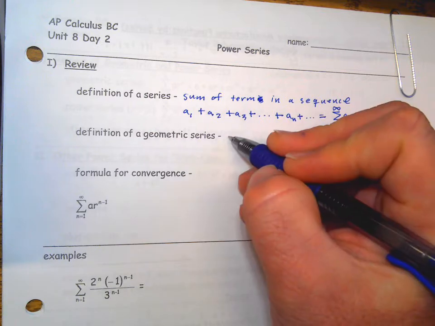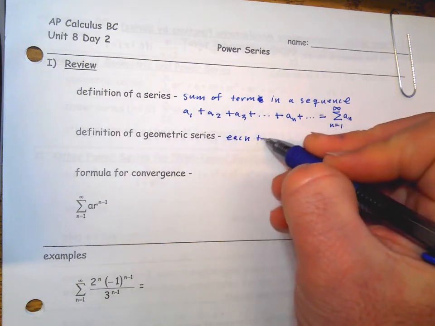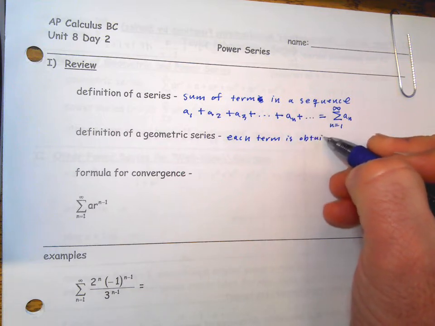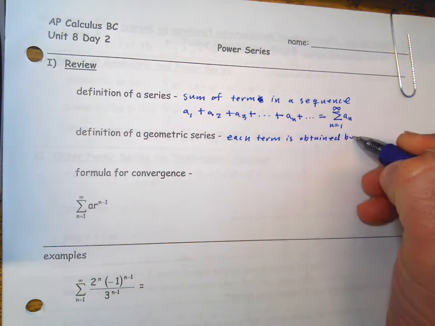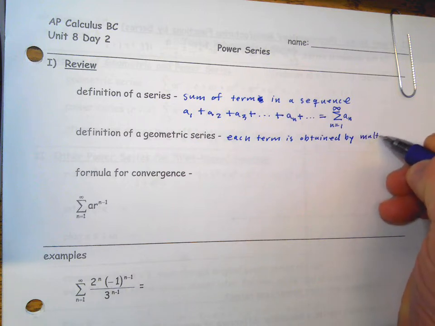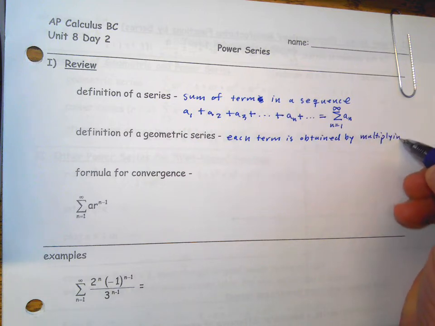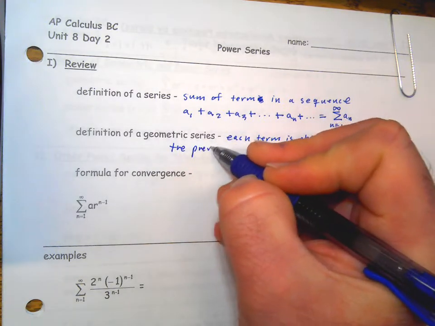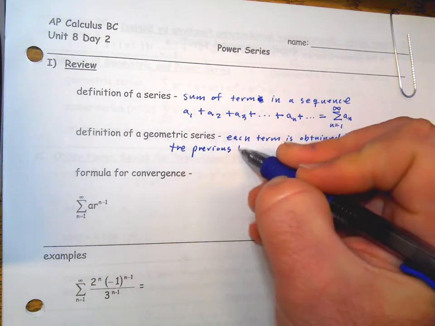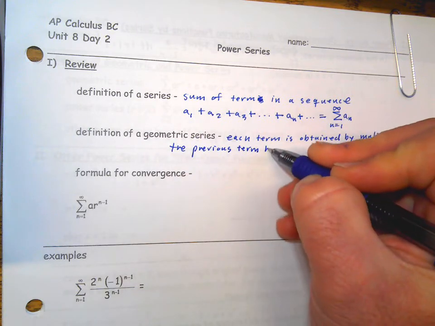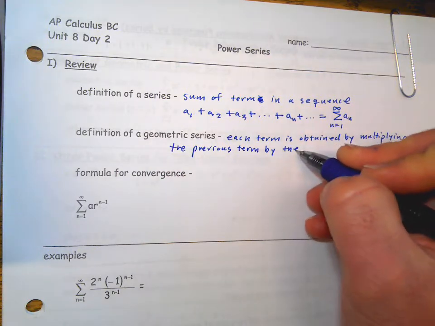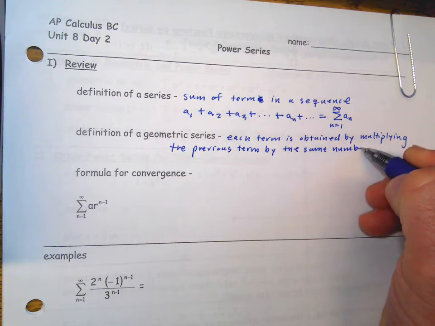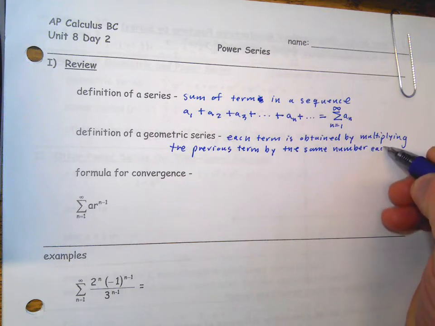Definition of a geometric series: in a geometric series, each term is obtained by multiplying the previous term by the same number each time.